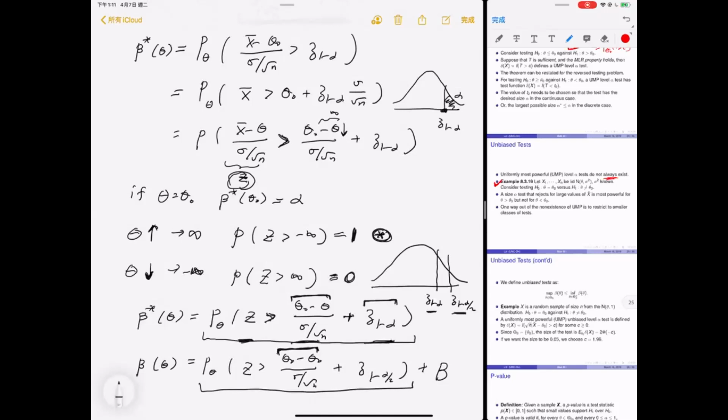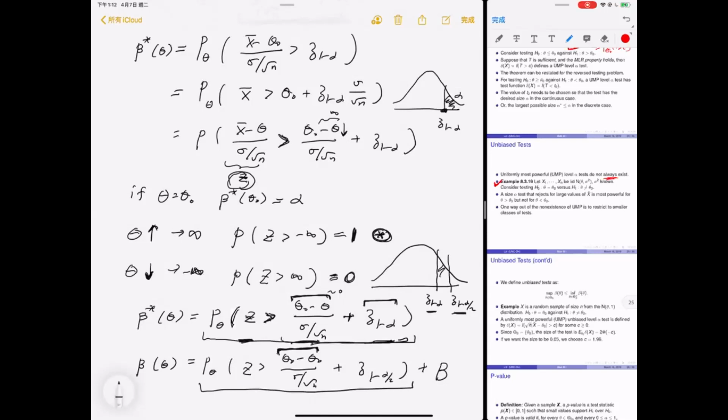Maybe you can see this guy is really close to 0. It's actually not zero, because theta is not necessarily theta zero, but imagine there's some constant right there. So this probability is Z bigger than the smaller quantile.